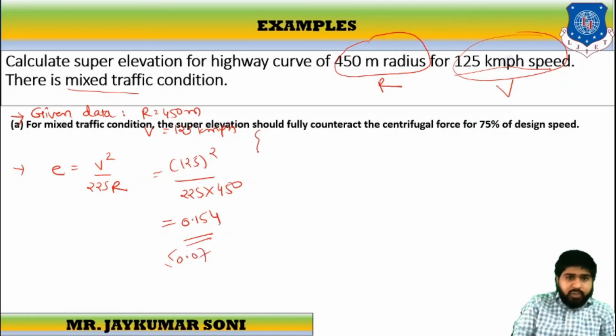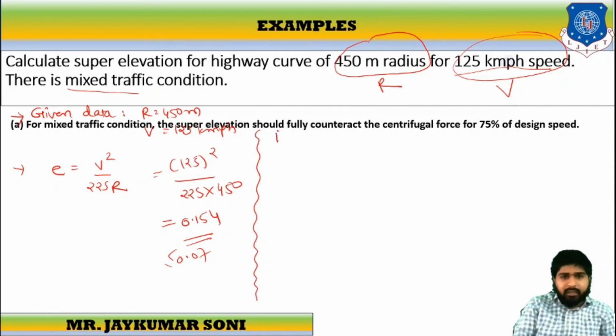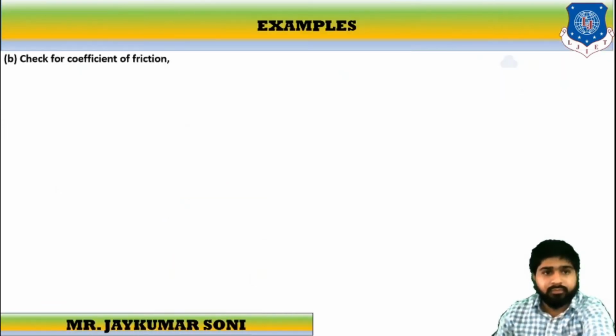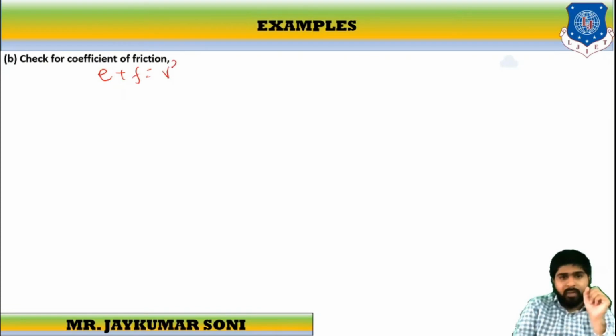So now we will switch toward our old equation. We will check for the coefficient of friction. We can use either this equation, E plus F is equal to V square by 127R, or we can use E plus F is equal to V square by GR.